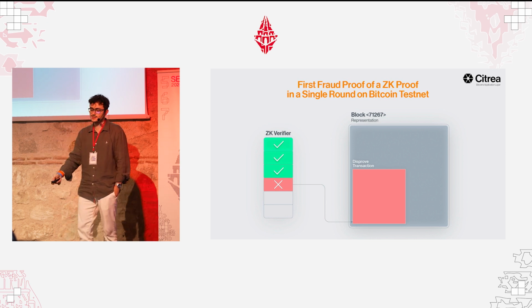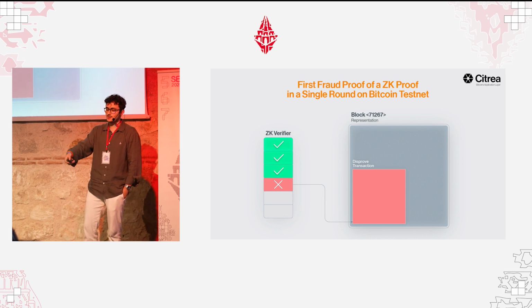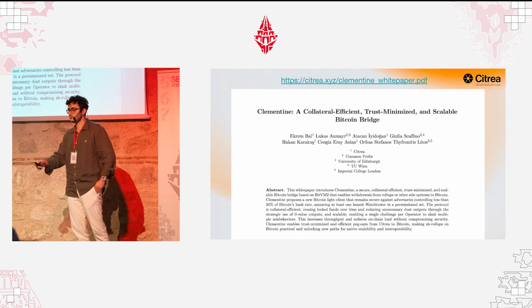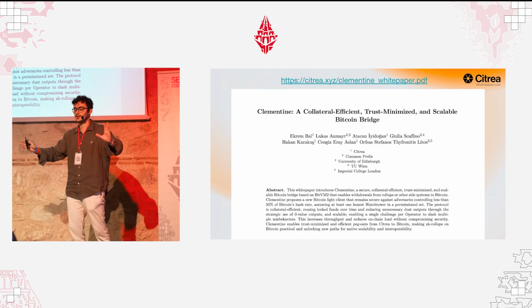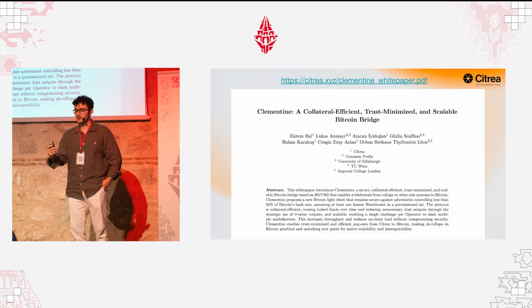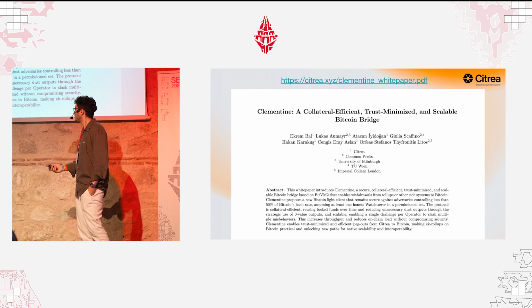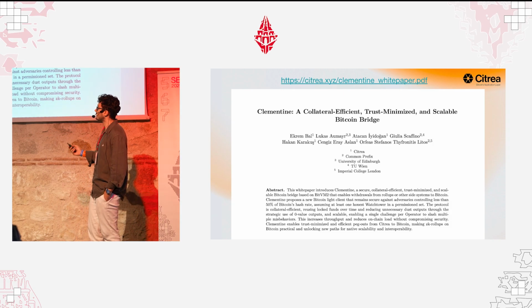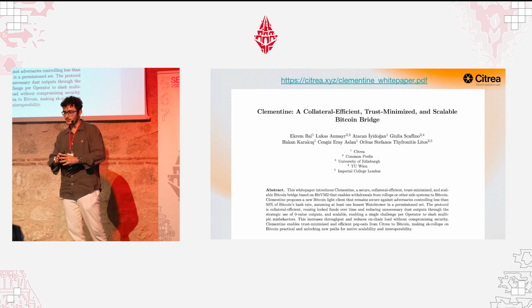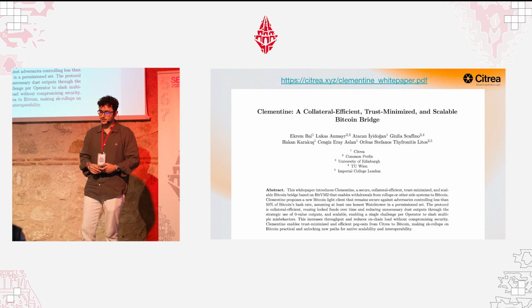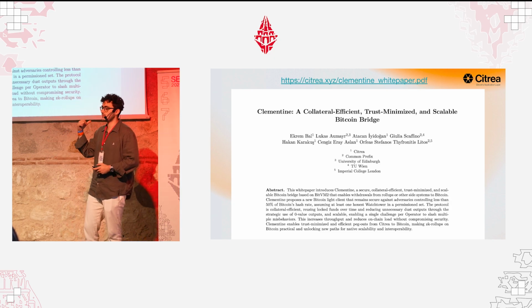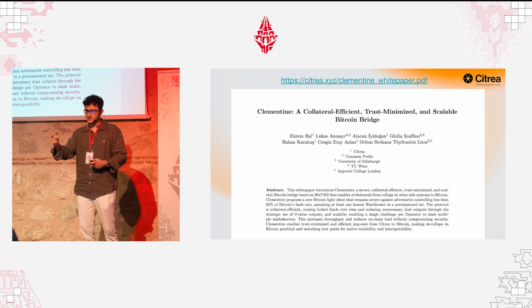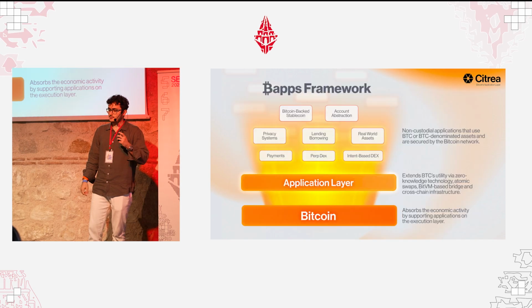And then you do a disprove transaction showing where exactly somebody was dishonest, and then you finish that challenge, and somebody's burned, they lose money. Anyway, if you want to learn about Clementine and BitVM and bridging to Citrea, you can learn about it in our white paper at Citrea XYZ Clementine white paper PDF. There's a link there.